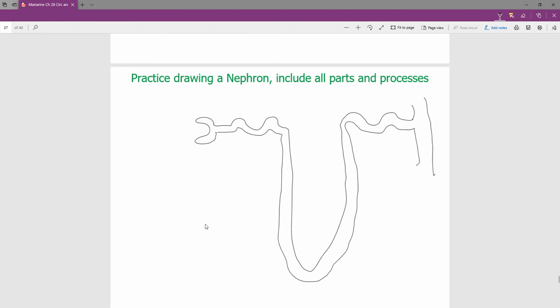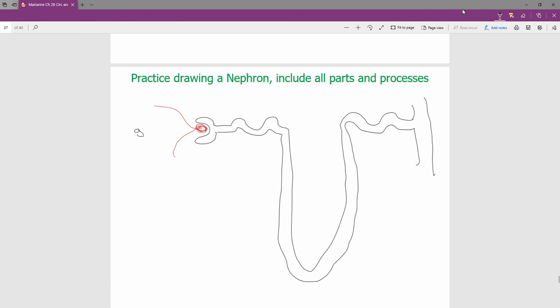All right, so that is a super simplified picture of a nephron. We want to add in the Bowman's capsule. I'm going to do it in red because it's the circulatory thing. And so now I can start labeling all of this. Let's label everything in black that is part of the nephron itself.